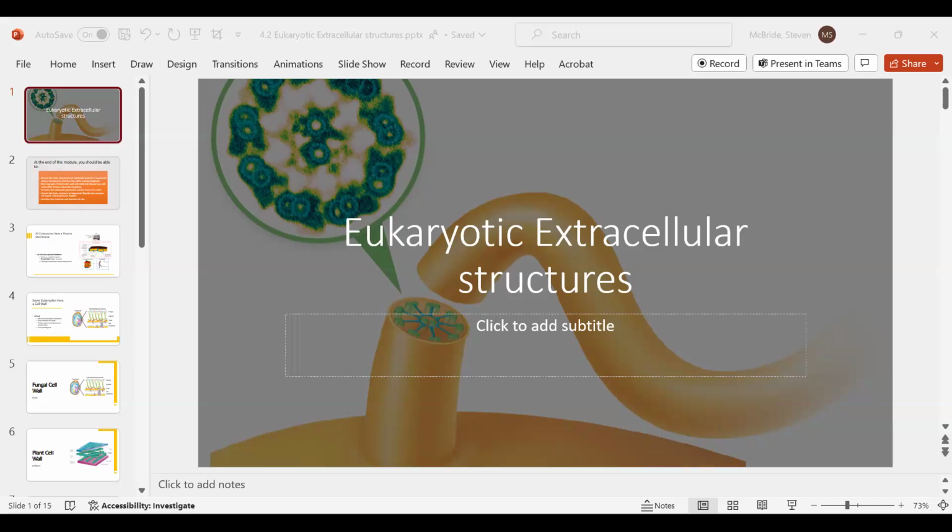All righty. And so in our eukaryotic cells, we do have ribosomes, just like we do in our prokaryotic cells. And just like in prokaryotes, the function of the ribosome is to make proteins. And they are made primarily of protein and ribosomal RNA or rRNA.